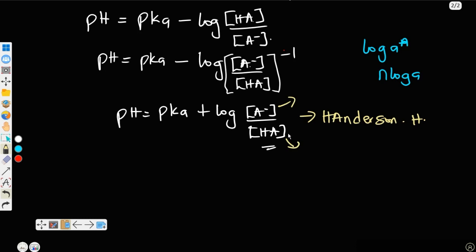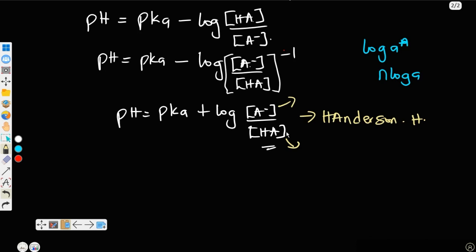Undissociated drug. Is that okay? So pH is equal to pKa plus log of dissociated ion all over undissociated ion of the drug. So that is that.